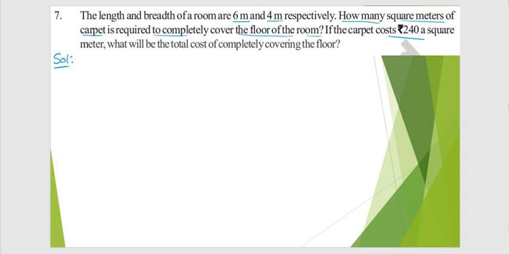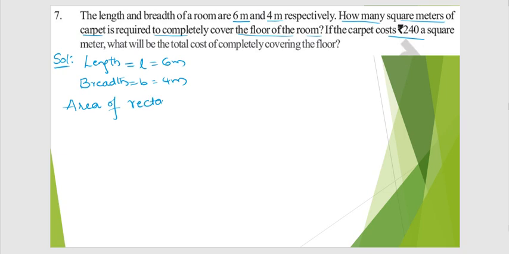Now from this, what is given? Length is 6 meters. Next, breadth B is equal to 4 meters. Next, what is he asking? How much carpet is required? Before that, we need to find the area of that particular rectangle.